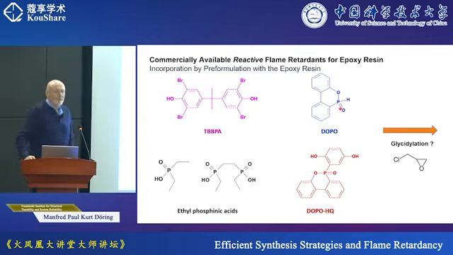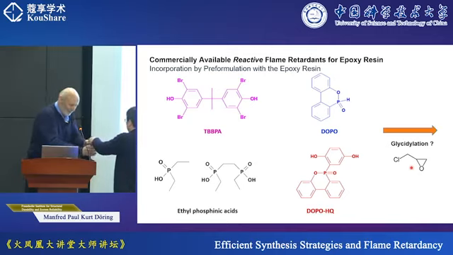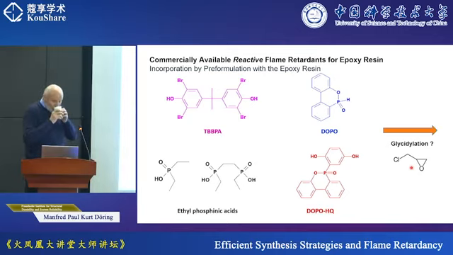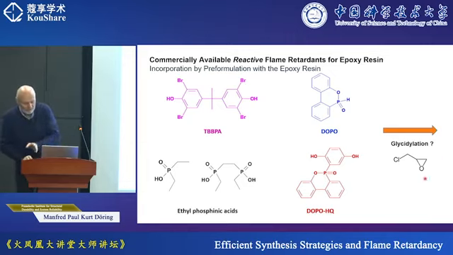And the question is, if you want to bring this in an epoxy resin, the simplest way is glycidylation. That means you do a reaction with epichlorohydrin. But this stuff is really toxic, and the companies working with epoxy resins don't like this.